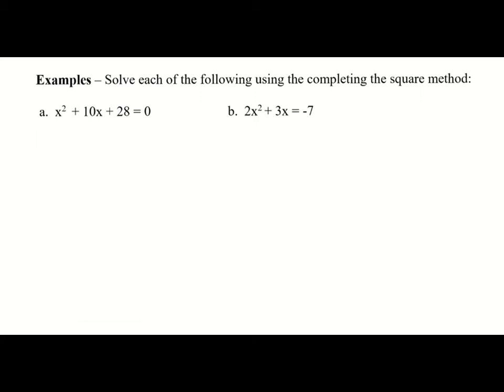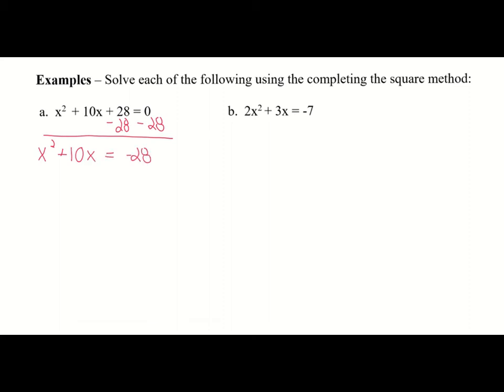All right, so here we're going to practice our completing the square method again and looking at our complex solutions. So we will subtract 28 from both sides to isolate or move that c term. We will have x squared plus 10x equals negative 28.